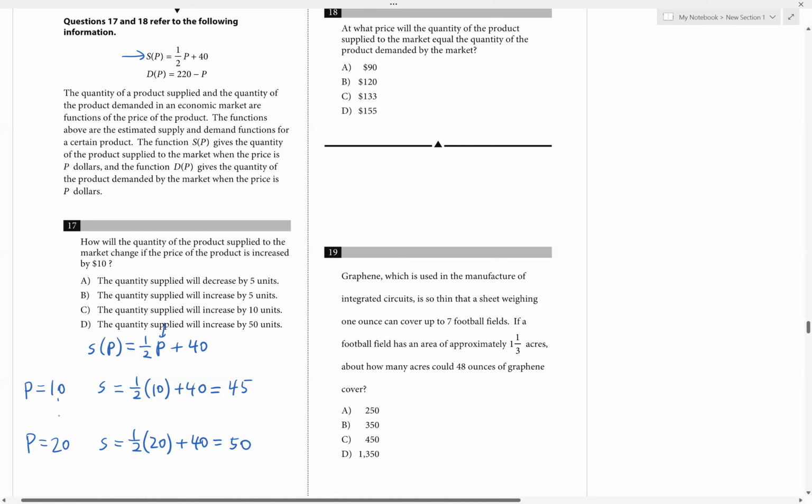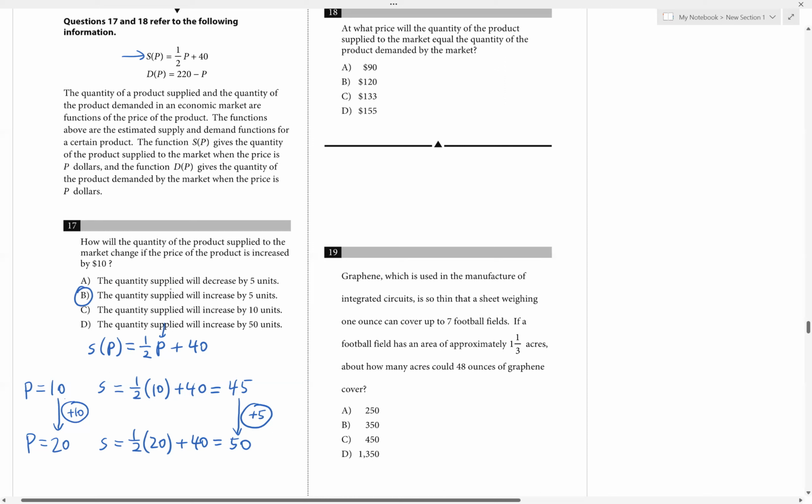We see the price increased by 10, from 10 to 20. What happened to our supply? It increased by 5. As the price increased by 10, the supply increased by 5. So our answer should be letter B: the quantity supplied will increase by 5 units.